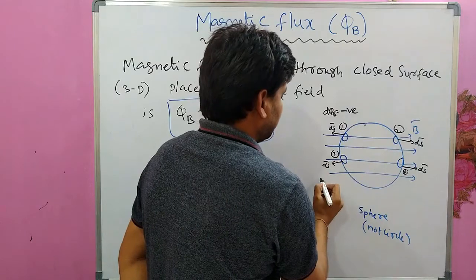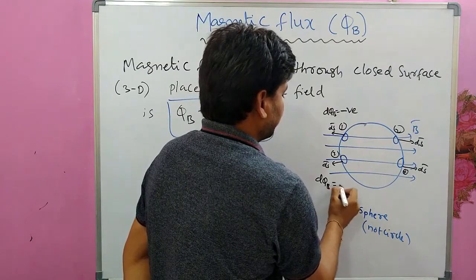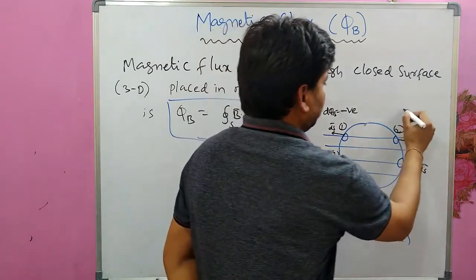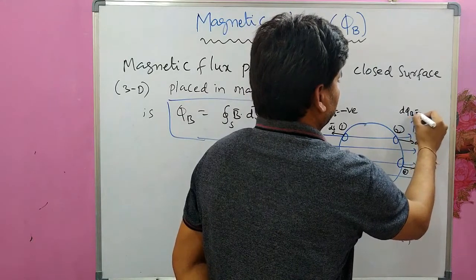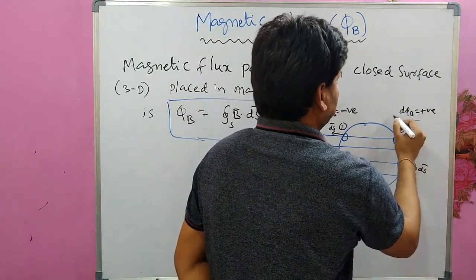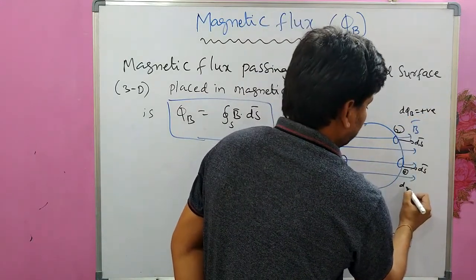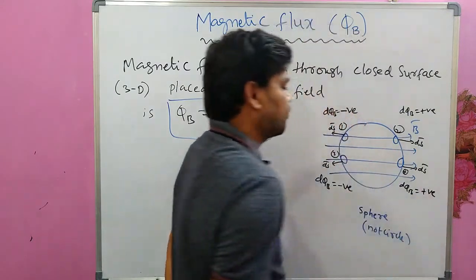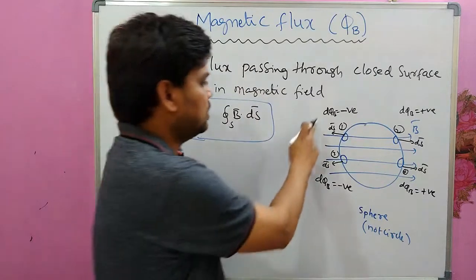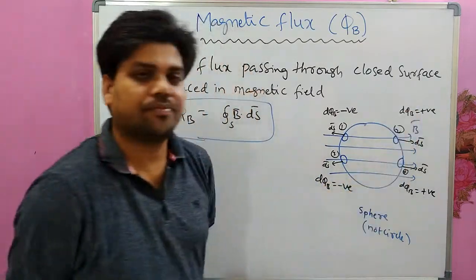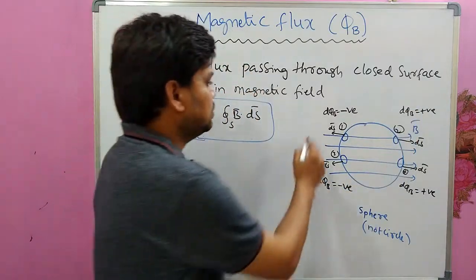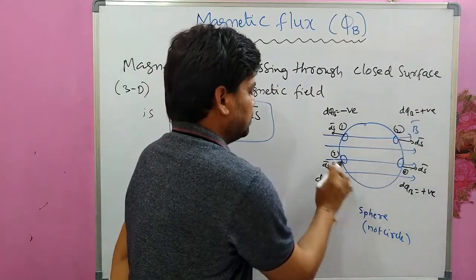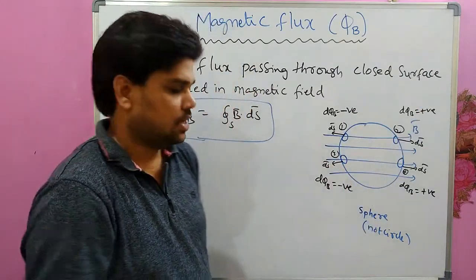So here also d phi B is negative. Here d phi B will be positive for this one, and for this fourth one also it is positive.